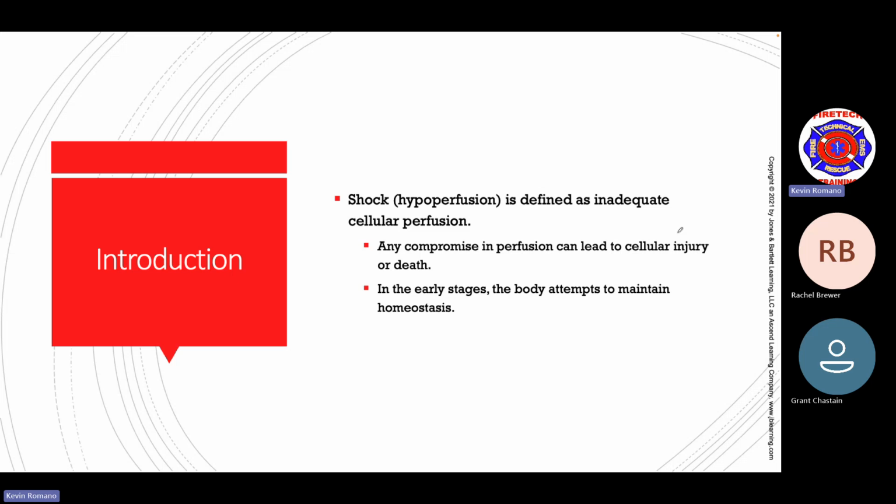Because the more shock progresses, the harder it is to reverse. So we need to catch this early, whether it be neurogenic, hypovolemic, distributive types of shock, things like that.